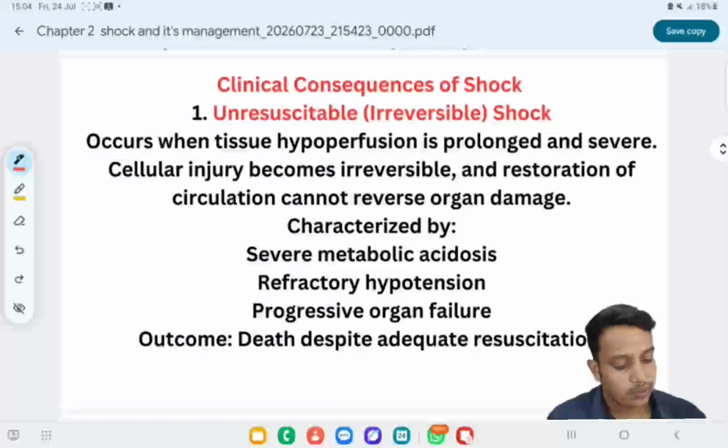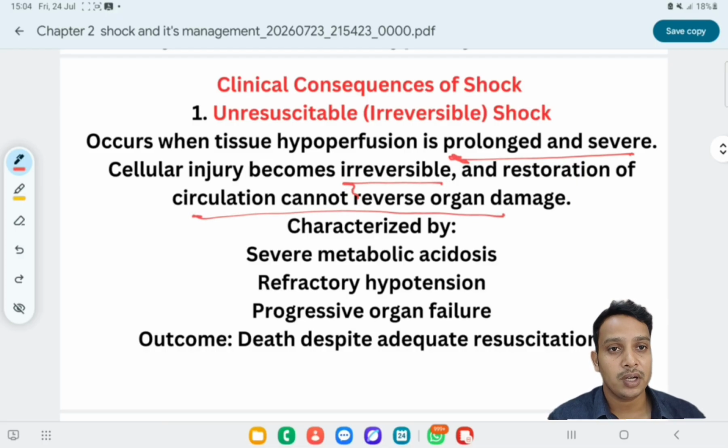When irreversible shock persists for a prolonged duration and its intensity increases, the cellular injury which was reversible in the initial stage now becomes irreversible, and restoration of circulation is not possible. This leads to severe metabolic acidosis, refractory hypotension not responding to any kind of inotropic support, and progressive organ failure. The ultimate outcome of irreversible shock is death despite adequate resuscitation.